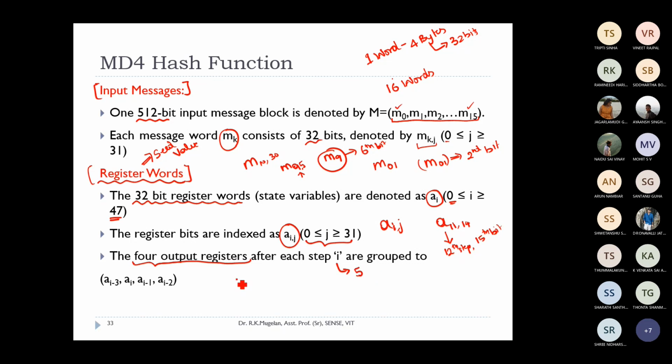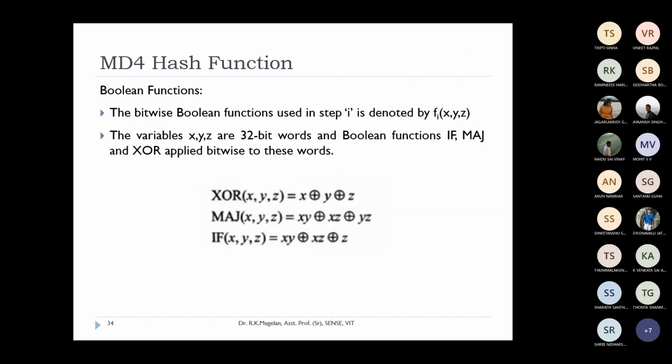So i minus 3, that is A2, A5, A4, A3. I'll take these, and this will be the output of one iteration, of one step. This is how register words keep on changing.